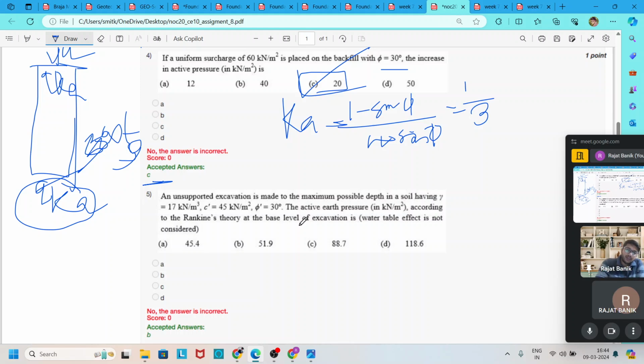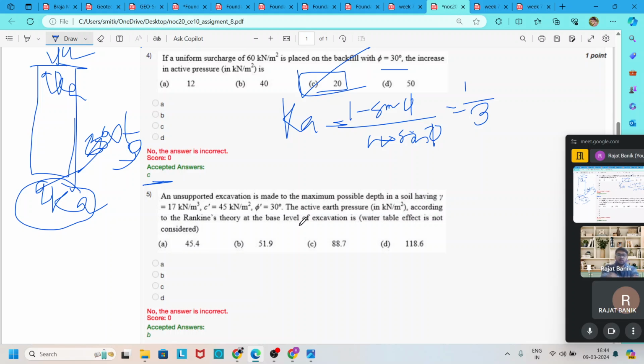In question number 5, it is said that an unsupported excavation is made to the maximum possible depth in a soil having gamma equal to 17 kilonewton per meter cube, C equal to 45 kilonewton per meter square, phi equal to 30 degrees. What is the active earth pressure, according to Rankine theory, at the base level of the excavation, if the water table effect is not considered?